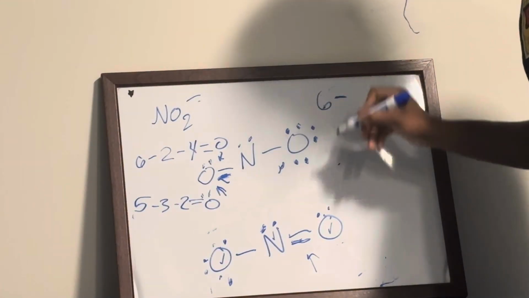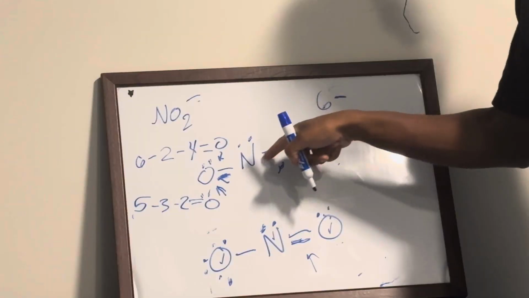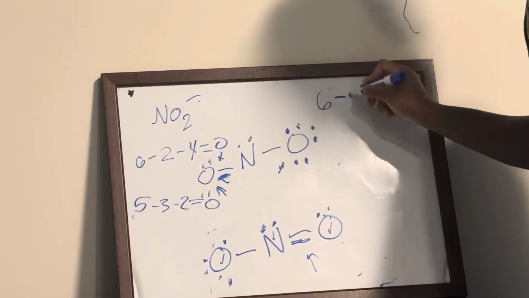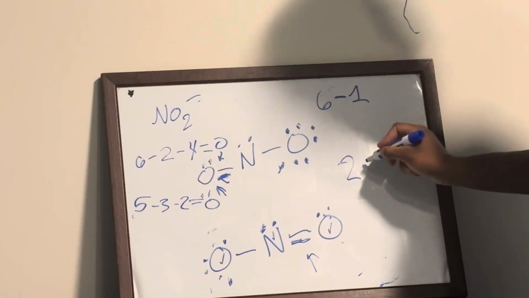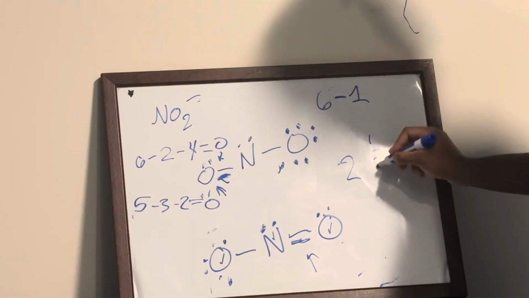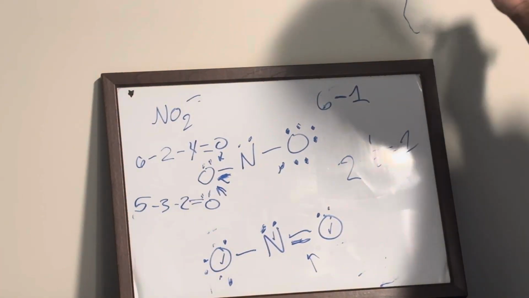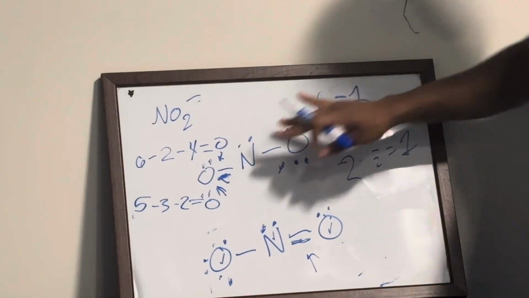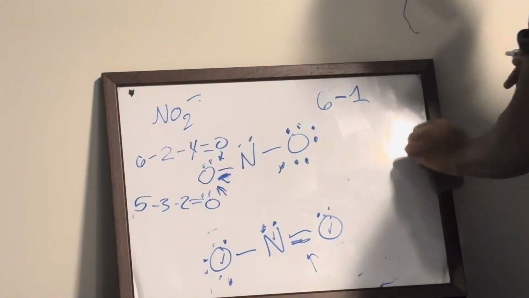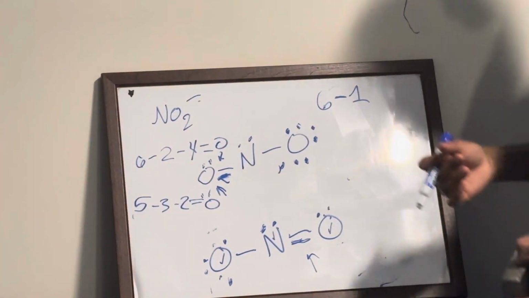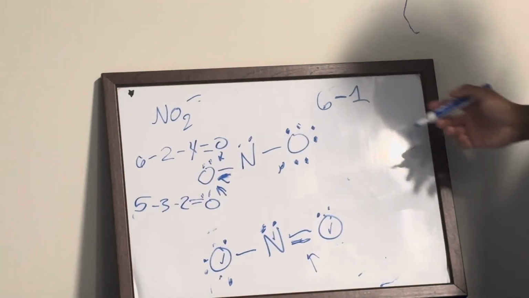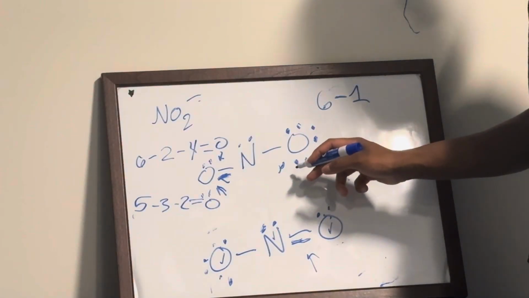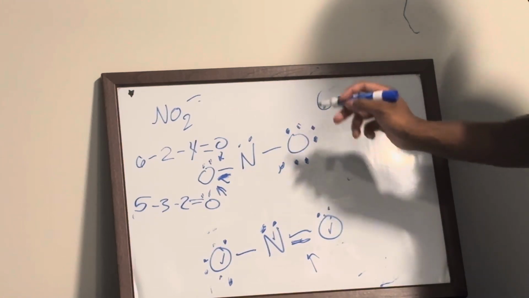Minus. How many bonds does it have? 1. Minus 1, or 2 electrons. And 1/2 of that gives us 1. 1/2 of 2. But I just like doing it like that because it's so simple. Minus how many bonds it has. You don't have to divide, it's the same thing. Minus 1 bond. And how many electrons are free over here?